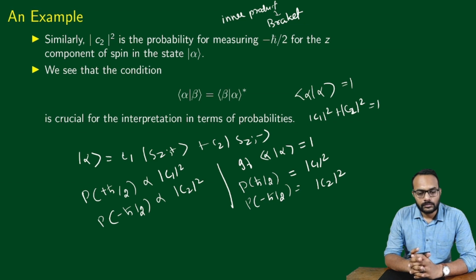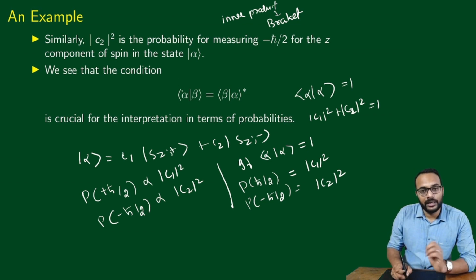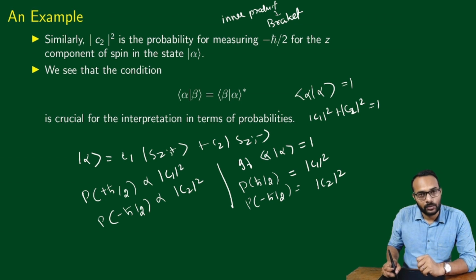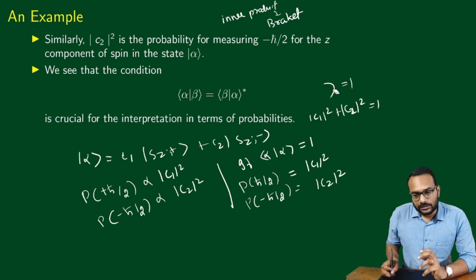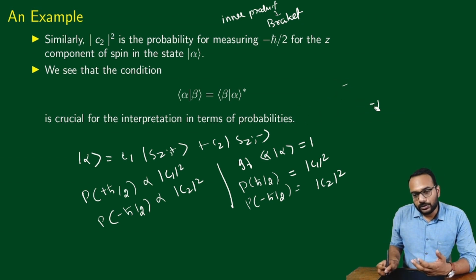So we have learned to define inner products, and these inner products are important in calculating probabilities of outcomes. And we have also given rules like this to make sure that the probability interpretation will indeed work.